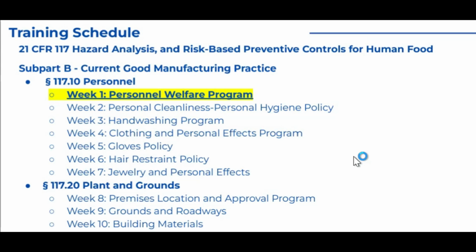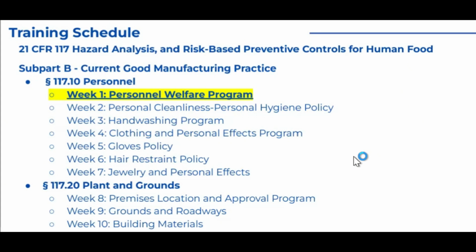Under the Personnel section, we will cover the personnel welfare and hygiene program, followed by upcoming sessions on clothing and personal effects, premises and building maintenance, and lighting, ventilation, and pest control to ensure a safe and compliant food production environment. Each session in this series is structured to build your practical understanding of CGMP requirements and promote continuous compliance and audit readiness.